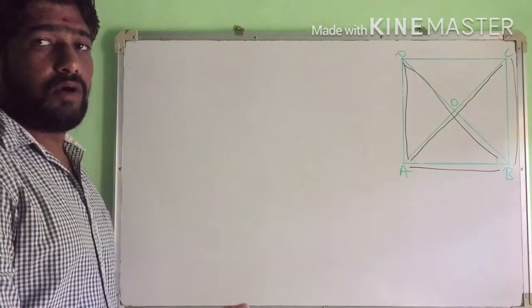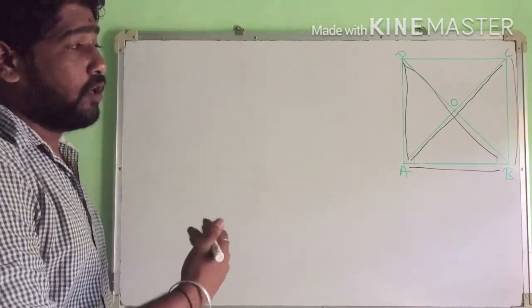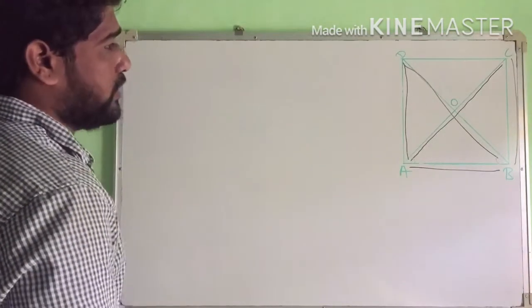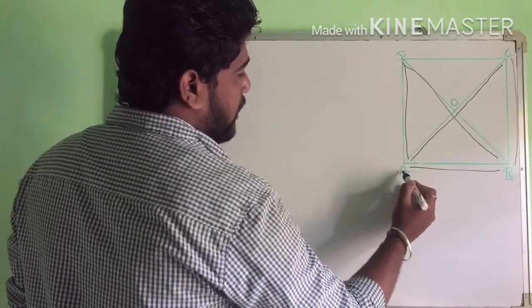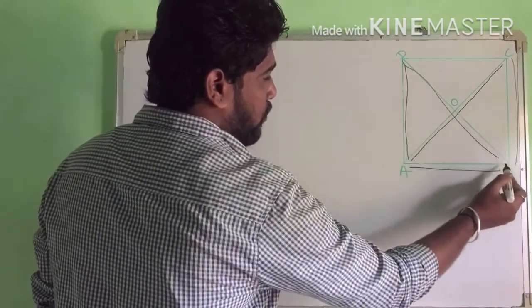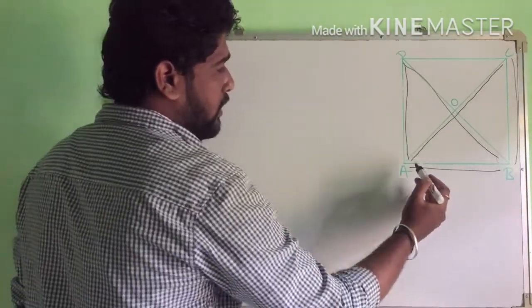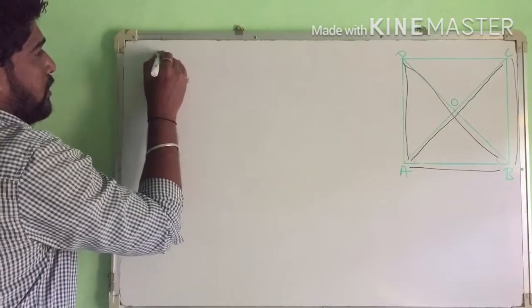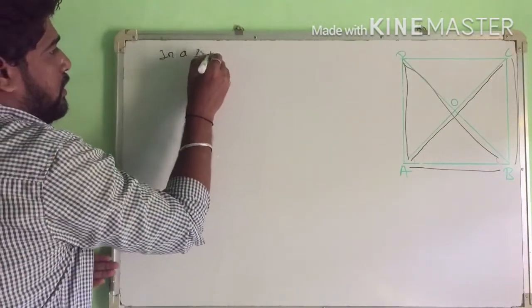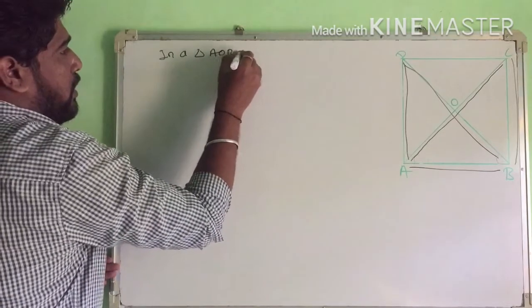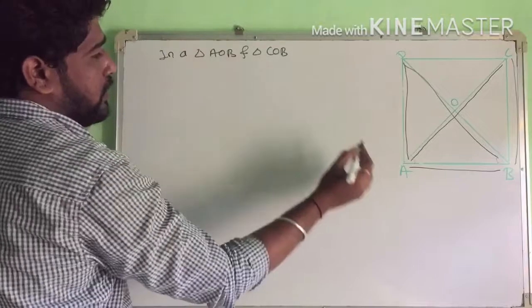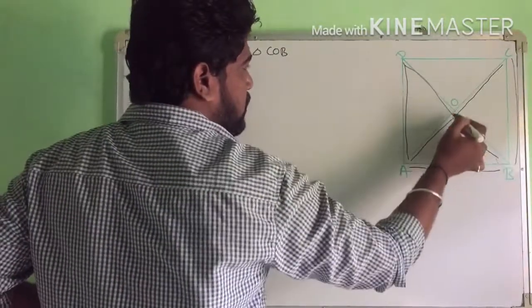So well students, now we want to prove the diagonals bisect each other at a right angle, right? So consider triangle AOB and triangle COB.